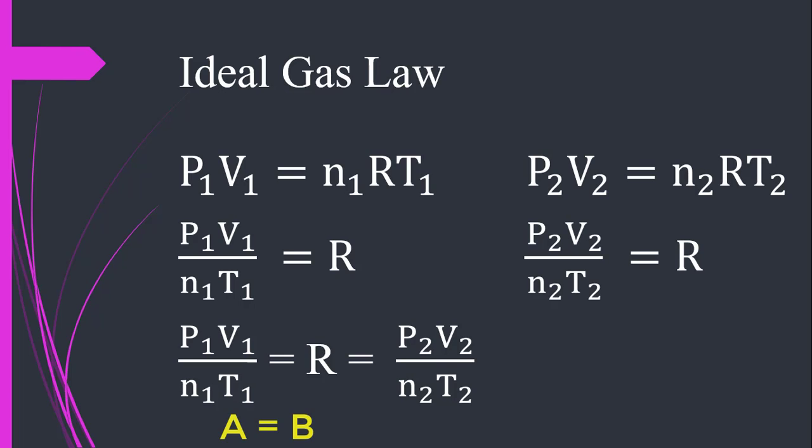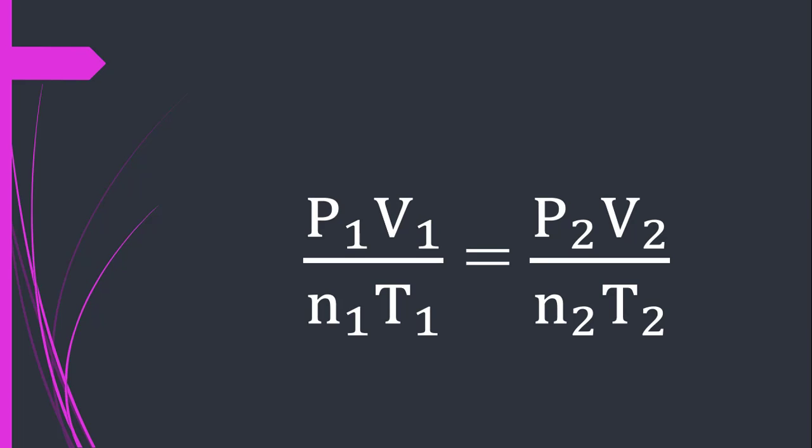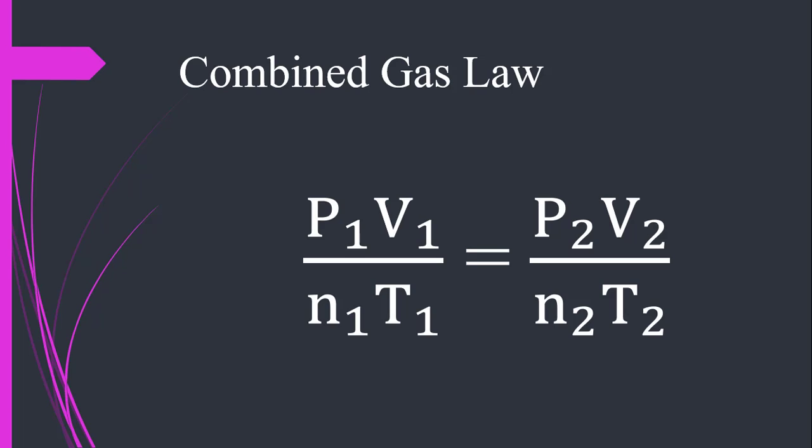But if A equals B and B equals C, then you know that A equals C. So you can rewrite this as P1V1 divided by N1T1 equals P2V2 divided by N2T2. This is called the combined gas law. This can be used to solve for a variable if you have two sets of conditions for the same gas.